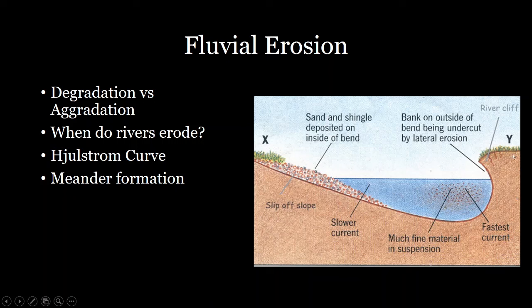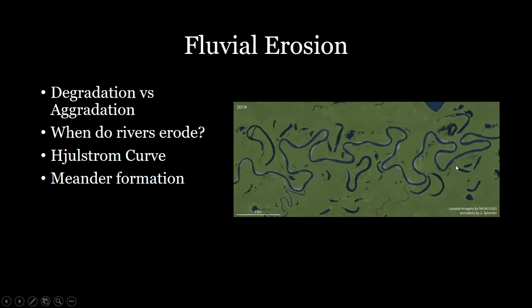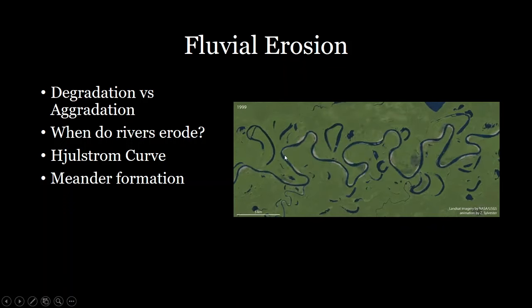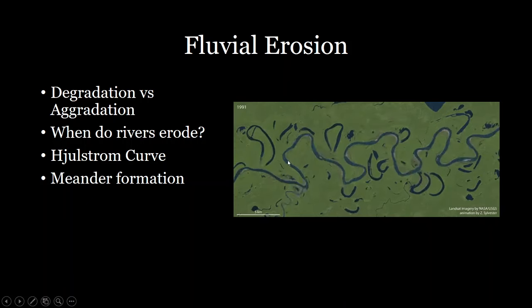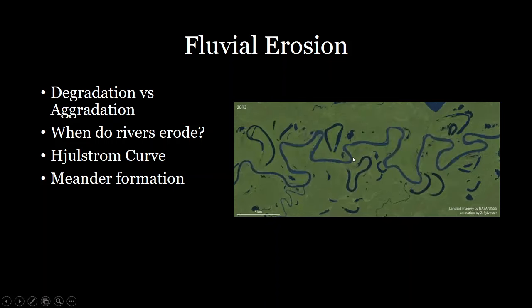So it'll start to erode here, and it will deposit here, and the whole river will shift over to the right. We can see that in this animation, that this river is changing its course just because of that erosional process. You can see the meander bends getting further and further as they push out towards the outside of their curves until they eventually get cut off by their own flow and find a different path.